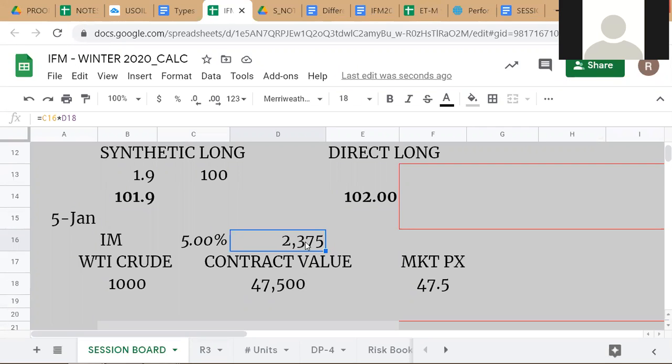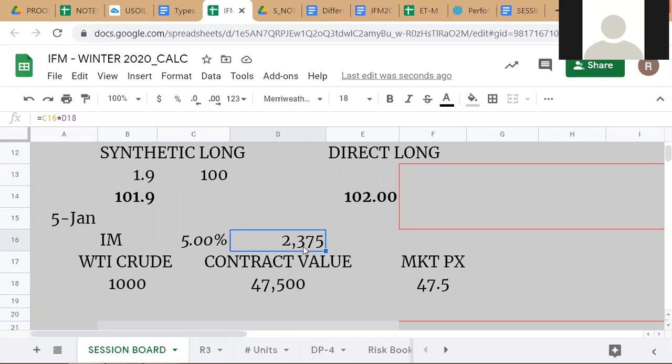Remember the CME options book that I shared with you. In the CME options book, the first contract is the long futures and short futures. You see how those straight lines move, and there's no difference, okay?